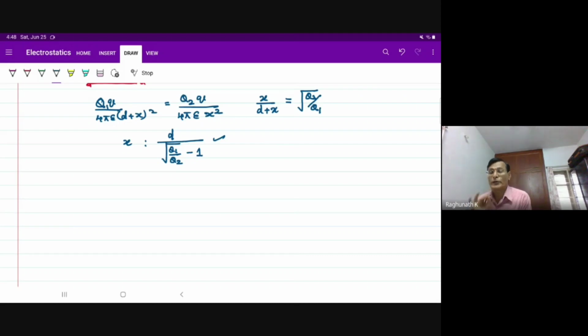We are talking about the superposition principle. Suppose you have three point charges, Q1, Q2, and Q3, in a system of charges.